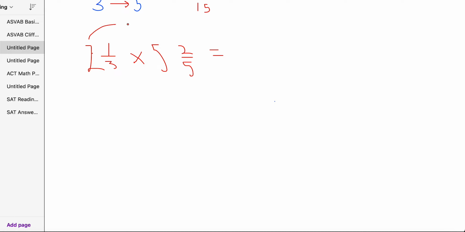Maybe we could multiply the whole numbers together. You multiply the whole numbers, you should get about 10. And then we can multiply the fractions. You multiply 1 times 2, that gives you 2, and 3 times 5 gives you 15. So that's what we get.